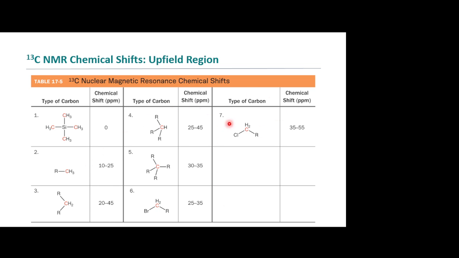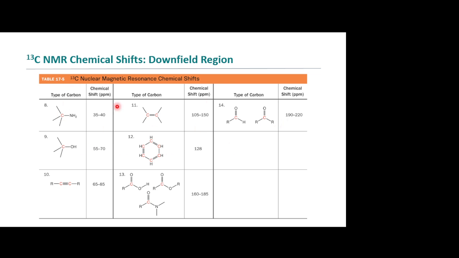Okay. This is with a chlorine attached to it. What is that chlorine going to do? It's going to pull electron density away, right? And it's going to de-shield that carbon, causing it to have a larger chemical shift. Okay, so this is our double bond again. Remember the double bond where it caused a reinforcement of the external magnetic field? Guess what it's going to do here as well?